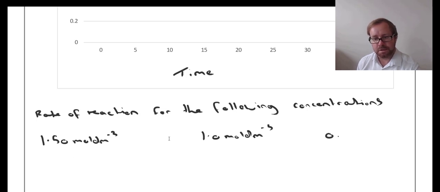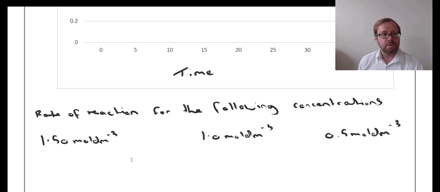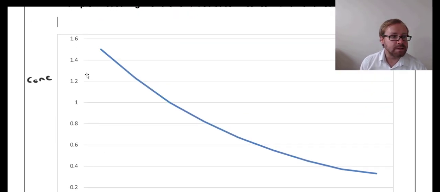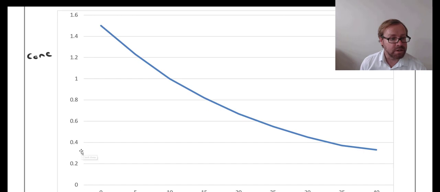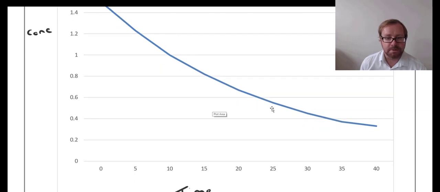And third at 0.5 mol dm^-3. So remember, you'll be looking at the rate of reaction here at 1.5, the rate of reaction here at 1, and the rate of reaction at 0.5, which is about here. Okay, have a go at it, see how you get on, and we'll go through it together when I come back.